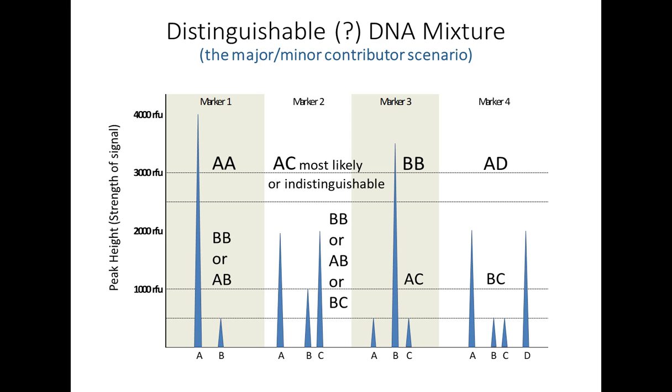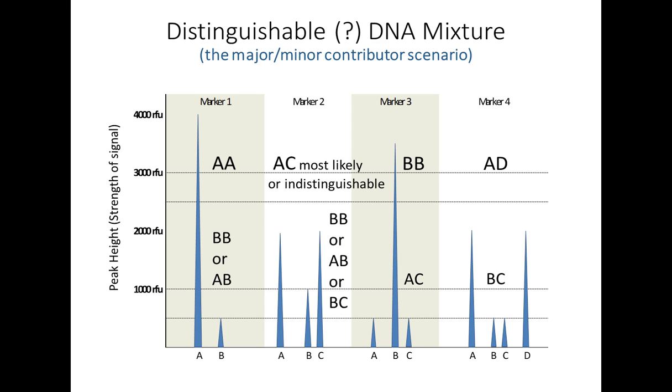So in a lot of these cases where you would expect the victim's DNA to be present under their own fingernails, or if it's a rape case where it's a vaginal swab, you would expect a lot of the victim's DNA to be present, and therefore the peaks would be higher, and maybe less DNA from the perpetrator would be present, and that would be your minor contributor.